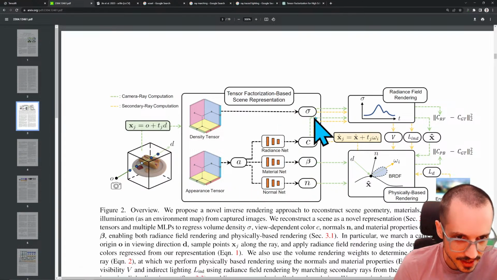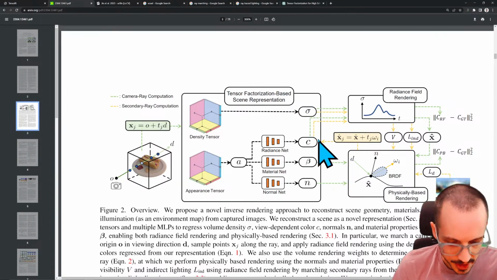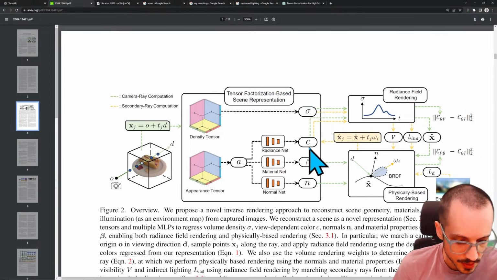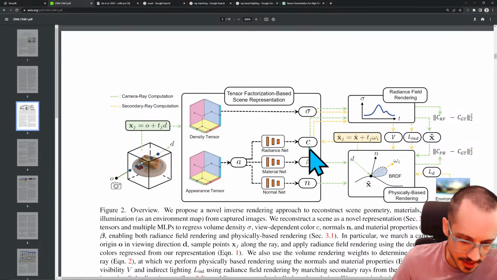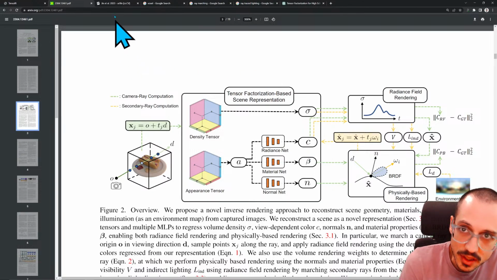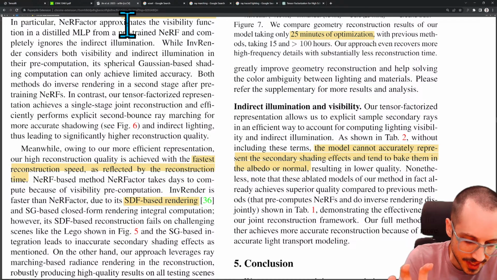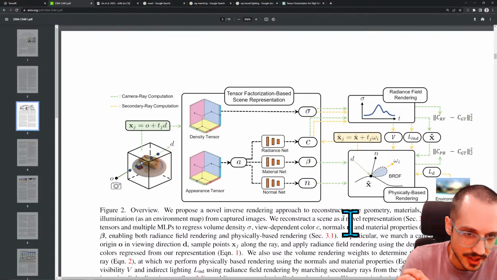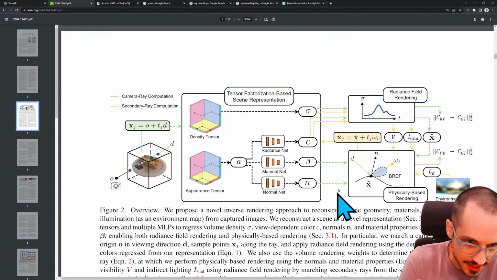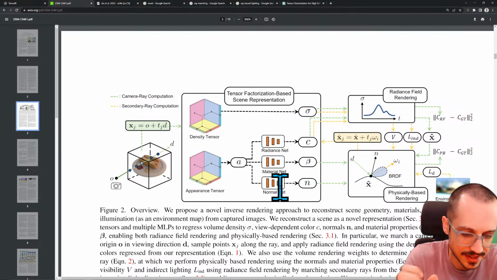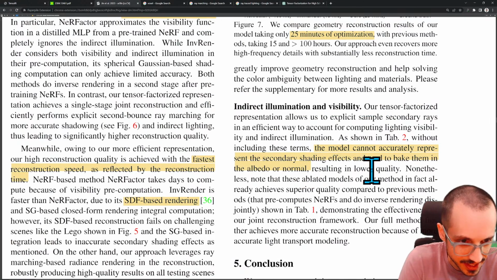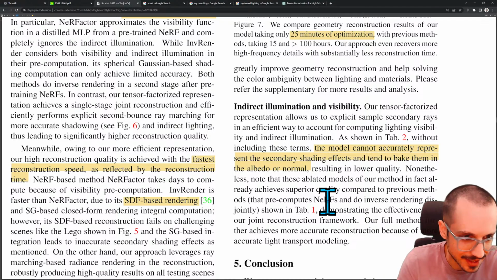Density and color, not albedo, sorry. So the nerf has a limited representation of this 3D thing, so it doesn't have this extra capacity where it can store that secondary lighting information. So as they say here, it tends to bake them into the normal vector, which ends up resulting in a lower quality rather than having it separated explicitly like they have in this paper.